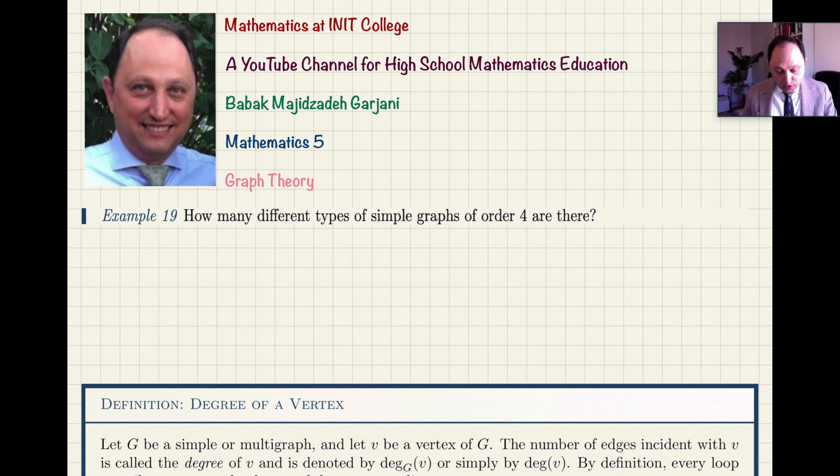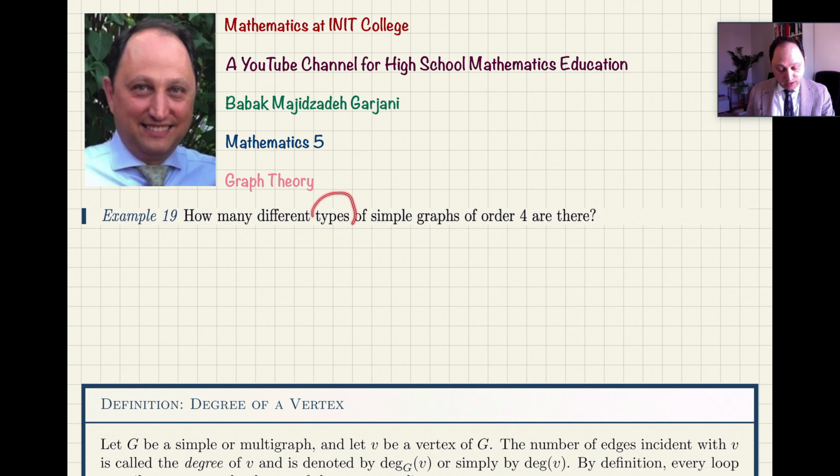Now, this is also something I want you to do yourself first. How many different types? When we say different types, it means count them at the level of isomorphic graphs. So do not count the labeled graphs. Otherwise, I would ask how many labeled graphs there are.